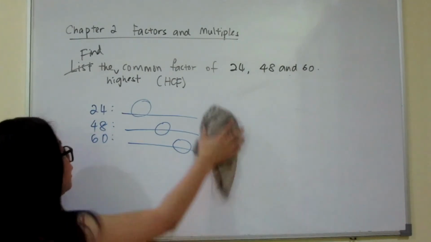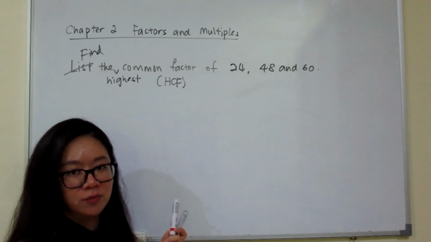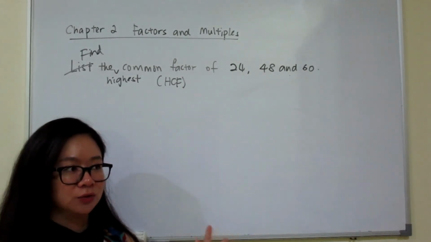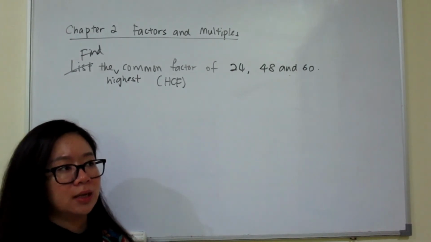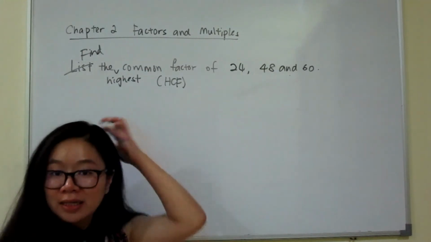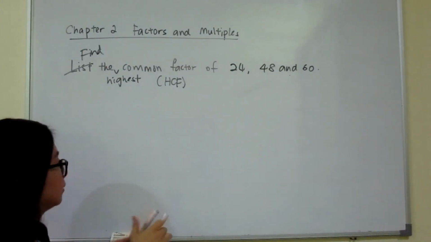So let's learn a quick way to do this. This only works for highest common factor. Later on, we're going to use a similar method to find the lowest common multiple, but it's a little bit different. Let's look for the highest common factor first.